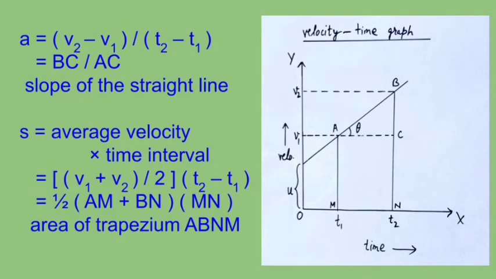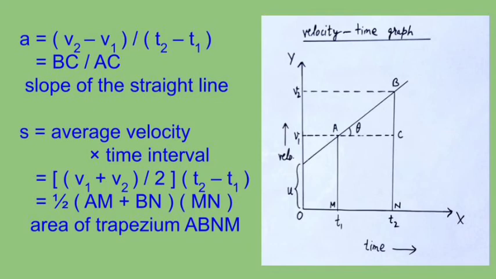Now see the velocity time graph of a uniformly accelerated motion in which acceleration is equal to v2 minus v1 by t2 minus t1, which is equal to BC by AC. Acceleration is numerically equal to the slope of the straight line AB. Now the distance travelled is equal to average velocity into time interval, which is equal to v1 plus v2 by 2 into t2 minus t1.